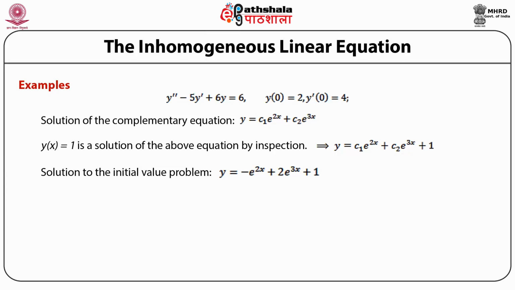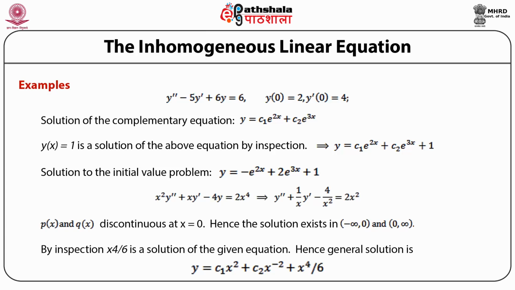Another example where the differential equation is given by x square times y double prime plus x times y prime minus 4y is equal to 2 times x raised to power 4. The equation may be rearranged as y double prime plus 1 by x times y prime minus 4 by x squared times y is equal to 2x squared. Both px and qx have a discontinuity at x is equal to 0.